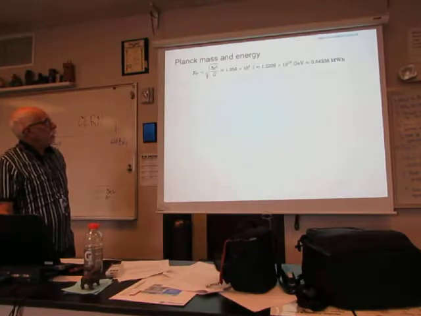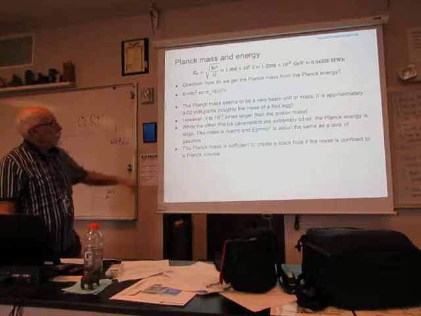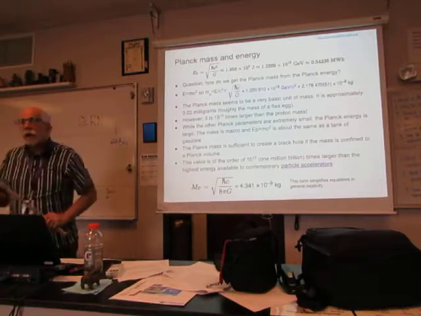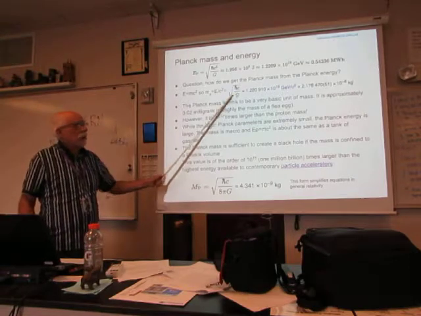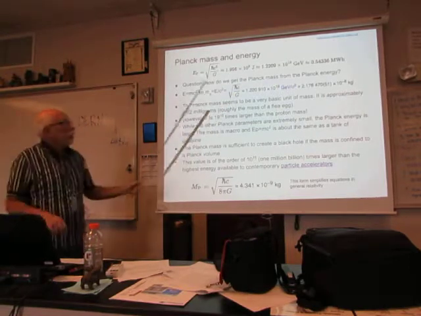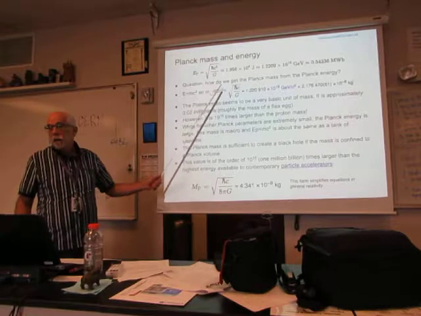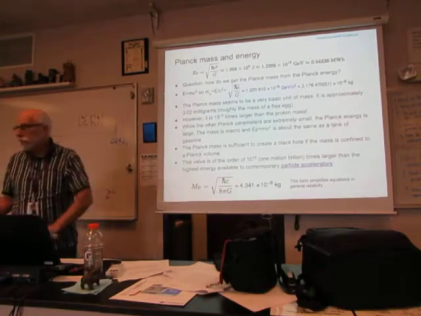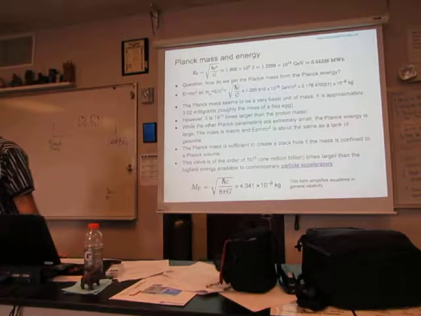Sorry, I went back too far. What we want is that if you want to get mass out of this set of parameters, it comes out this way. The fact that this is true, Einstein didn't show that till 1915.